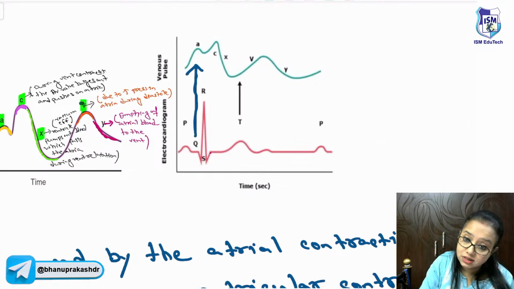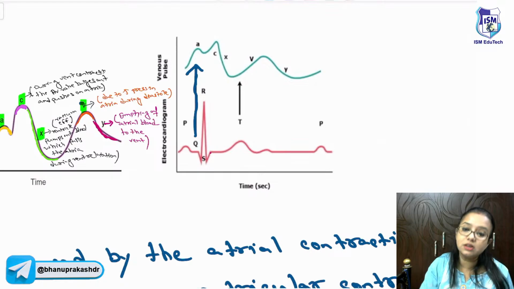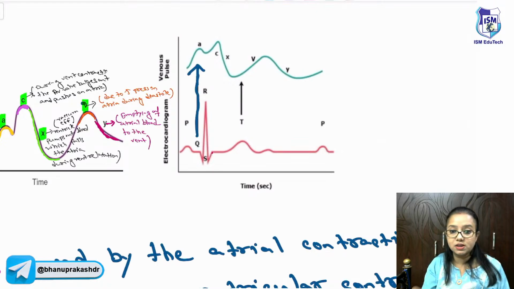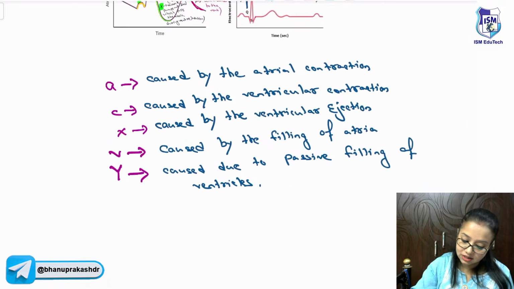And then V happens when there is the start of the filling of the atrium, followed by the opening of the AV valve. So AV valve opening happens, repolarization happens, and passive filling happens. See here, it coincides with the TP segment. And why does it coincide with the TP segment? Because this is the stage when the ventricles are getting filled with blood. So these are the various stages coinciding with the changes in the pressure in the atria.